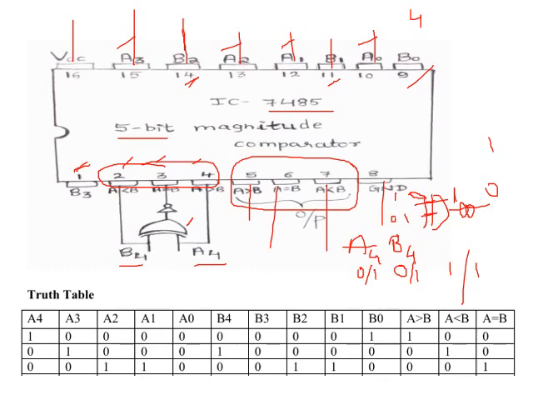So whenever the inputs are the same, we are getting the output 1. Whenever A4 and B4 are 1, 1 or 0, 0, that is, they are equal, the output from the NOT gate goes to A equals B. That means the output will be 1.